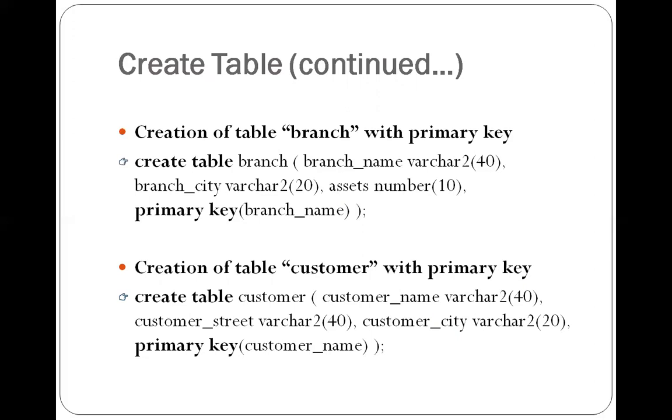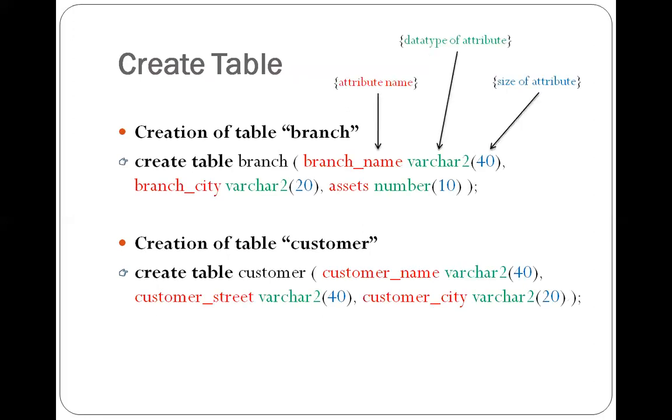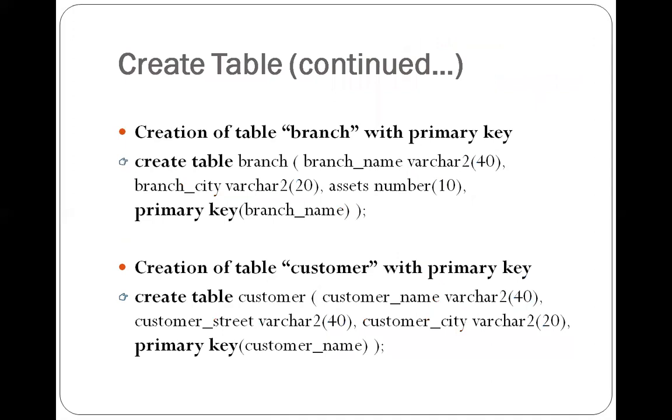Now in the previous slide we have only created the table, that means the structure of the table, the table name along with attribute names, their data type and size, but we haven't specified the primary key. So to specify the primary key, here we also need to use the syntax primary key.